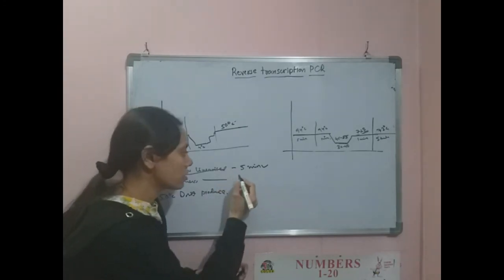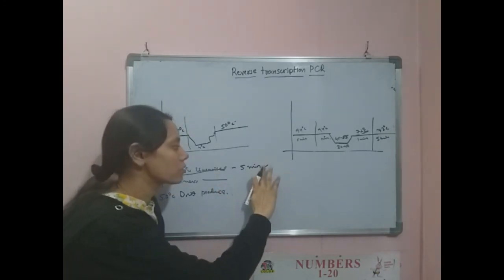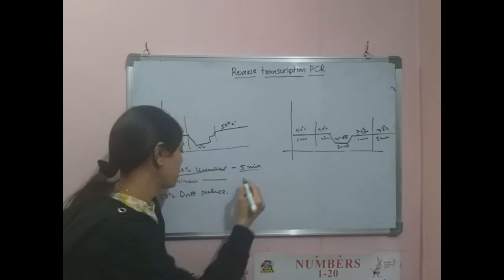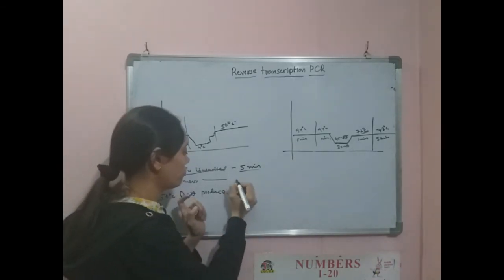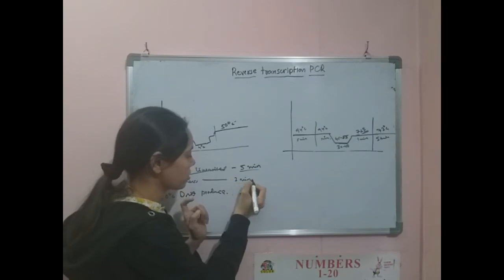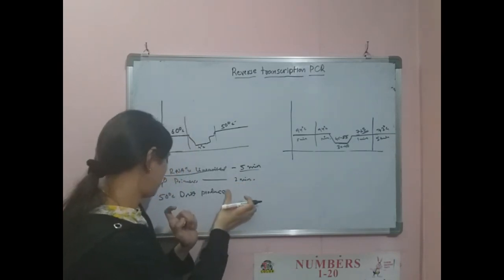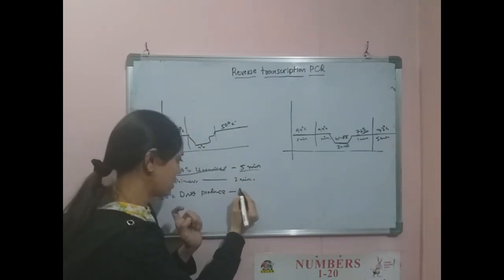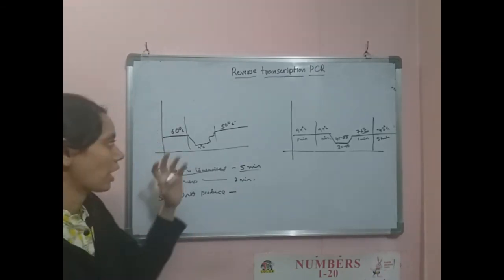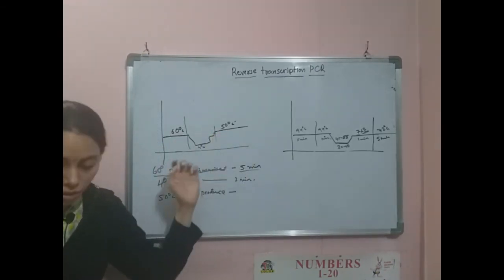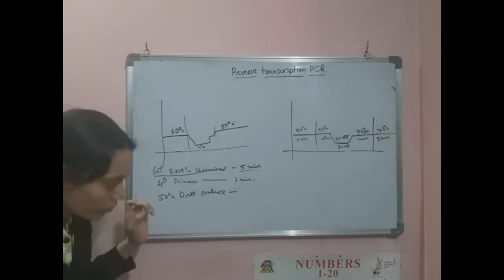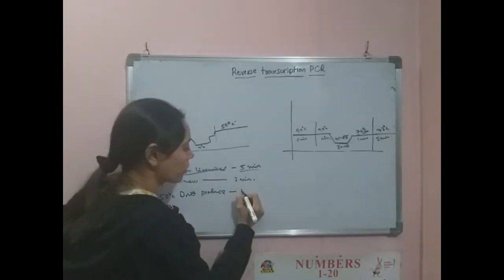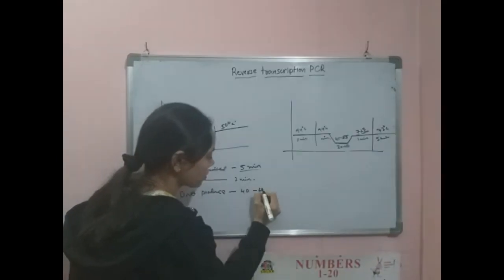For our convenience, the most widely used timings are 5 minutes at 60 degrees, only 2 minutes of quick chilling, and then the actual reverse transcription process will take some 40 to 60 minutes.